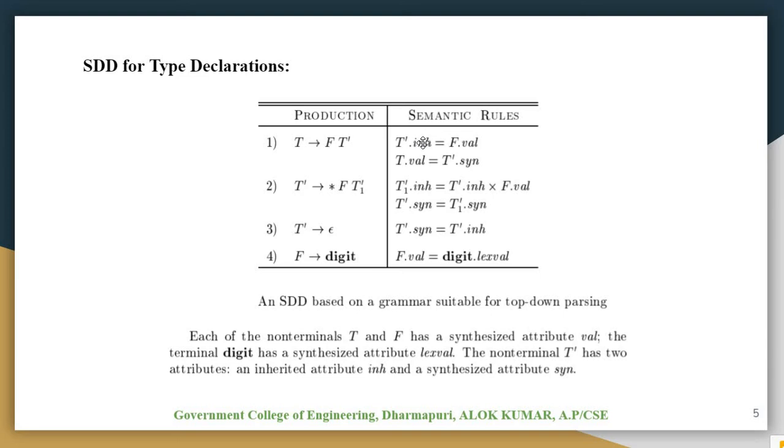Here inh is the inherited attribute for T', and val is the attribute for F. Each of the non-terminals T and F has a synthesized attribute val.